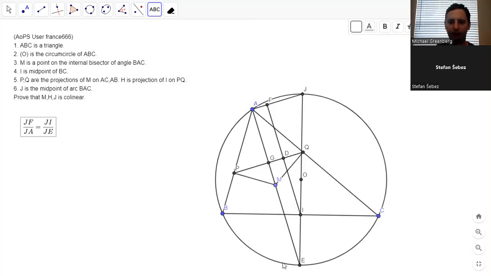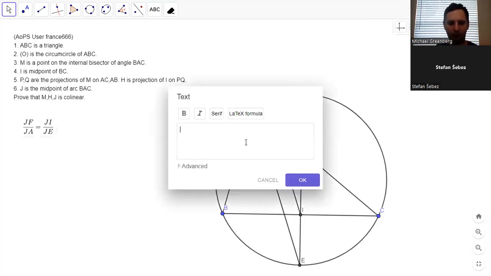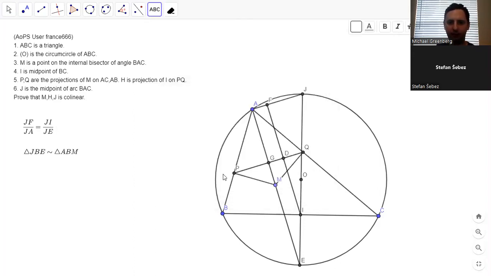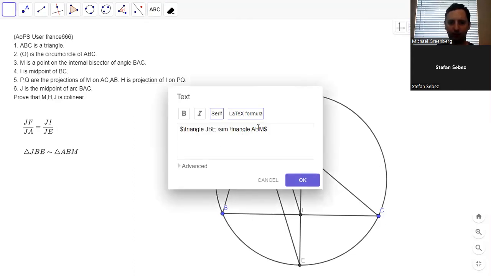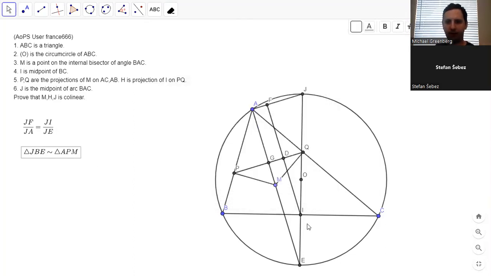The whole figure JBE is similar to APM, right? I'm going to fill in the details in just a second, but JBE is similar to APM, and G is the altitude from, I'm sorry, APM. That basically implies that JI over JE is AG over AM.